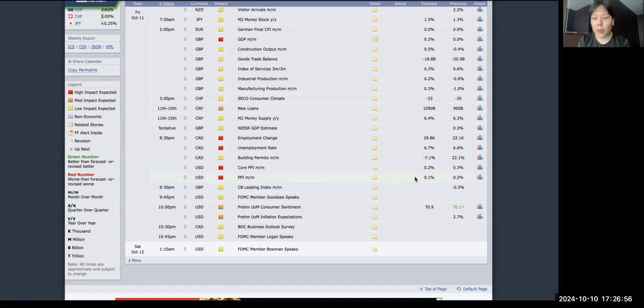For the previous month over month, we got 0.3%. That means their core materials went up by 0.3% month over month. And it's forecasted that in the month of September, it should be 0.2%, which, if it plays out as per the forecast, is good for the markets or the economy as a whole, right?